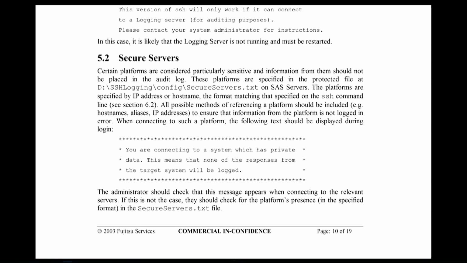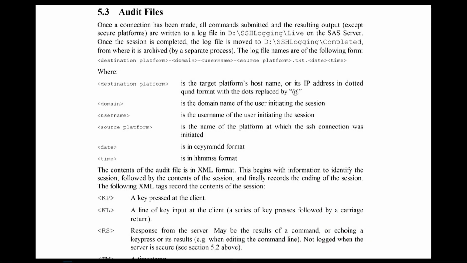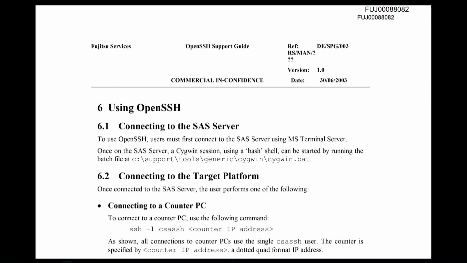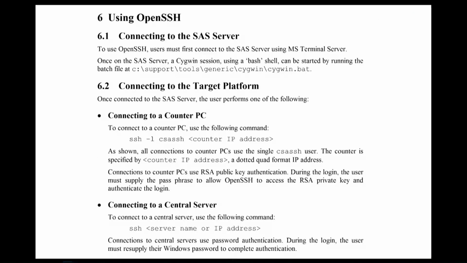Sorry, I can't. Sorry, you said you can't. I'm not sure what I'm meant to be looking for in here. Okay, and then go on to 5.3. Right, so the logging gets written to a file on the SAS server. And then over the page to 6.1 and 2.